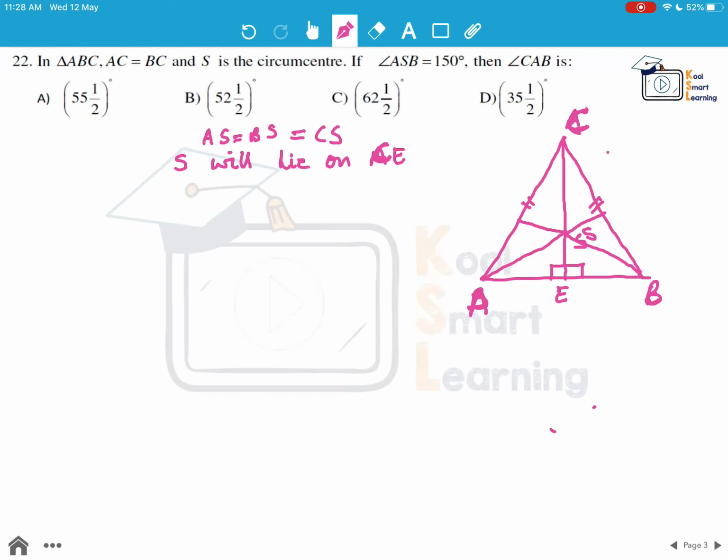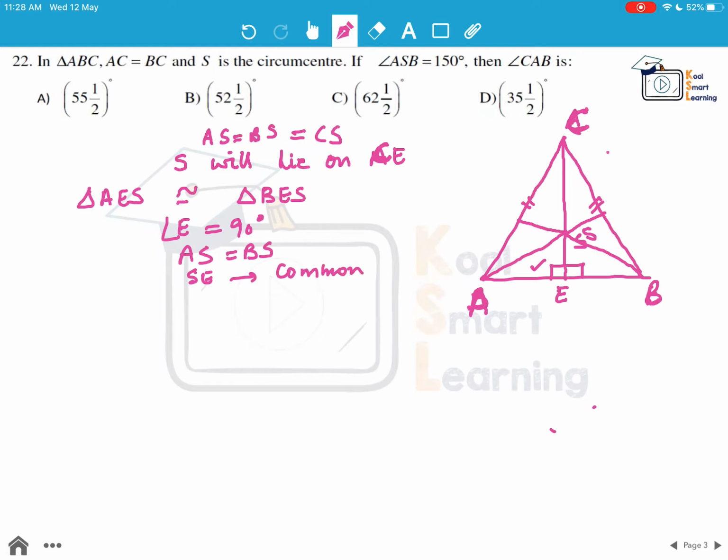Now looking at this triangle AES, and we look at the triangle BES. So if we see angle E is 90 degree for both these triangles, AS is equal to BS because these are the radius of the circumcircle, and SE is common.